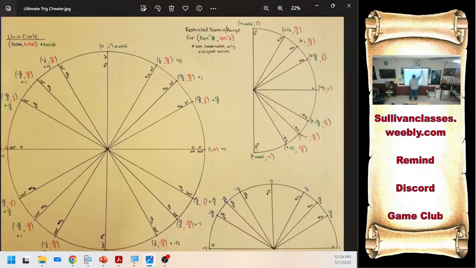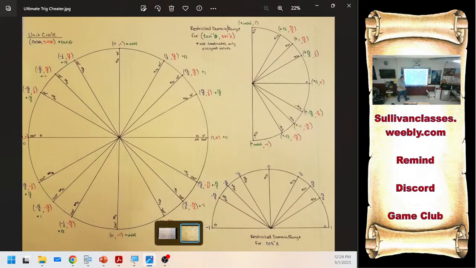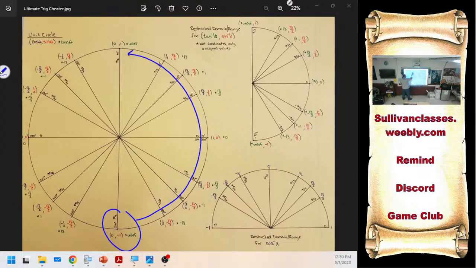Okay. Of course it is. Sine is my y values, and we go from -1, -0.8-ish, -0.7-ish, -0.5, 0, 0.5, and then it just keeps on going to 1. So I see the entire range of values from -1 to 1 if I go from here to here.